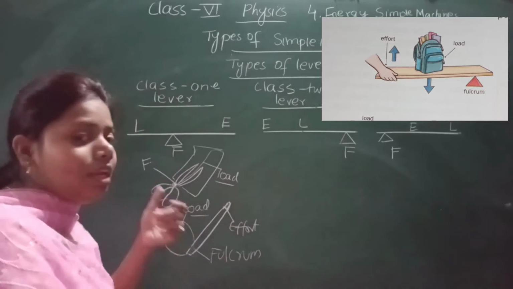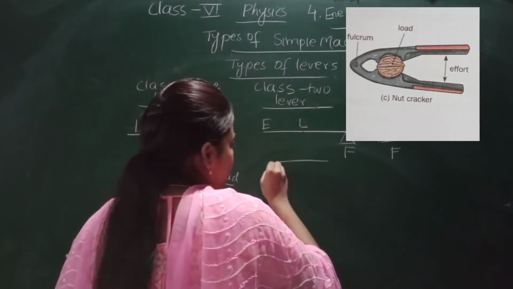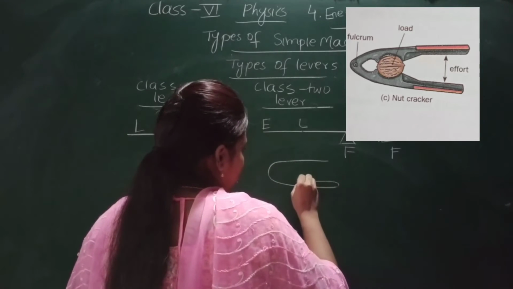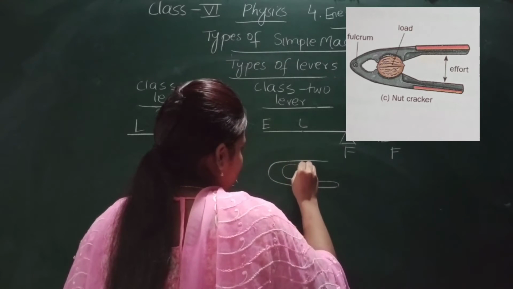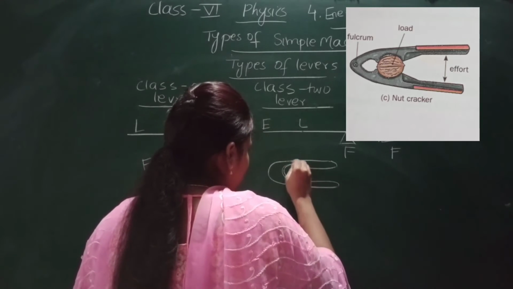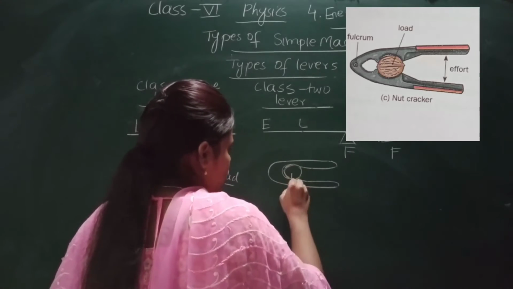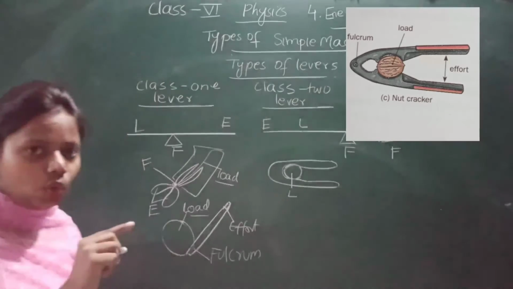So for example, a nutcracker. You have seen a nutcracker. This one is a nutcracker. So how do you crack the nut? You keep the nut in the middle. This one is a nut, so this nut becomes your load. L means load.